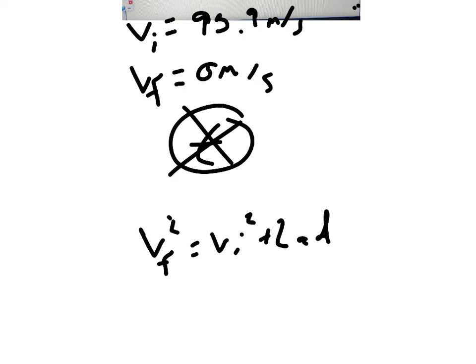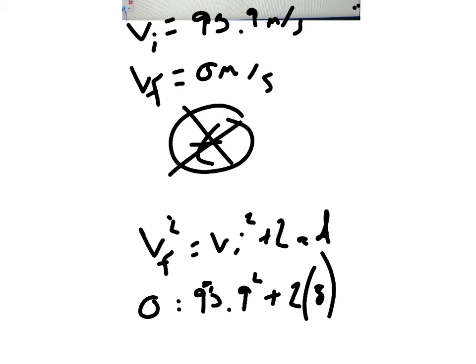Just plug in the numbers that you have from above. Vf is 0. Vi was 93.9, squared, plus 2 times, now the acceleration was 8. And you're going to solve for D.